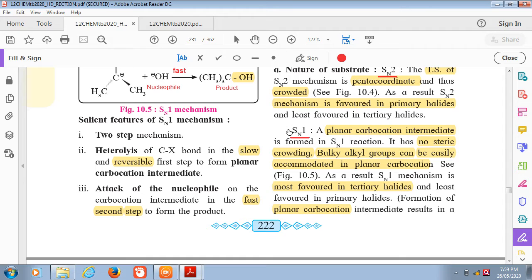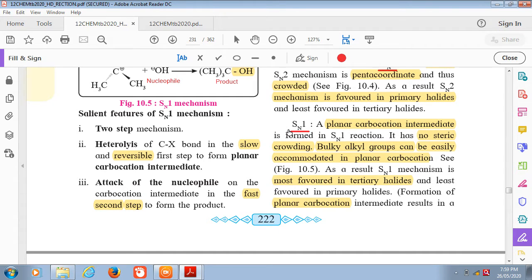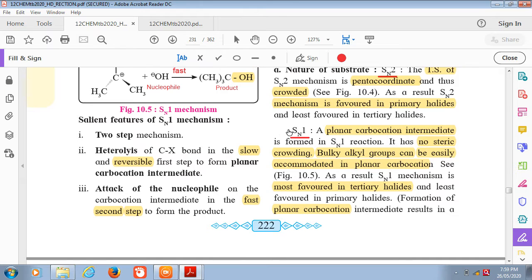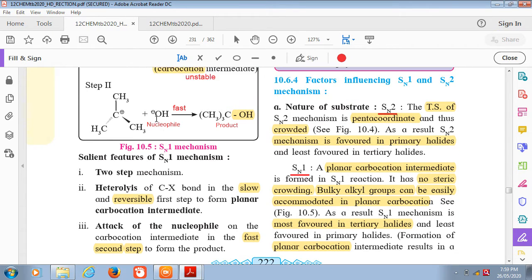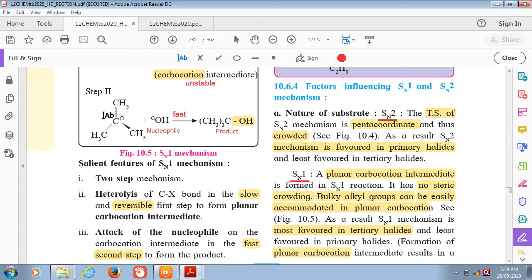Then if you observe the Sn1 reaction mechanism and if you observe a carbocation, this carbocation is planar and it has no steric crowding.